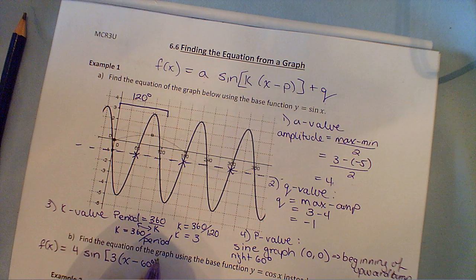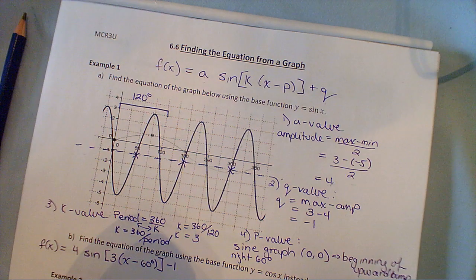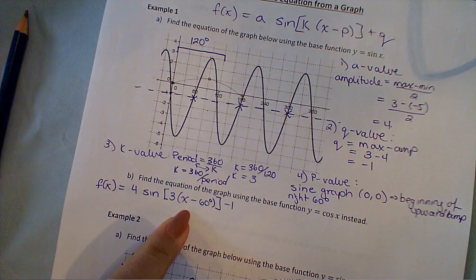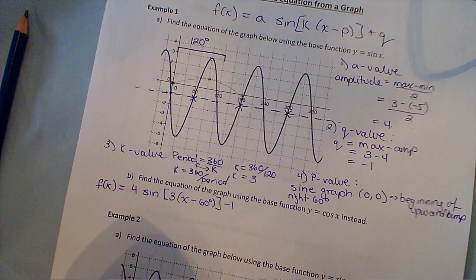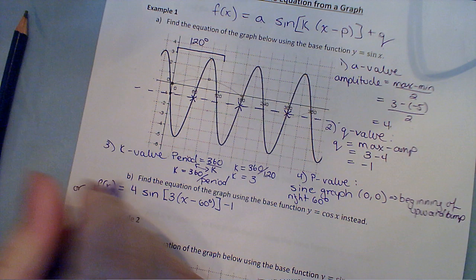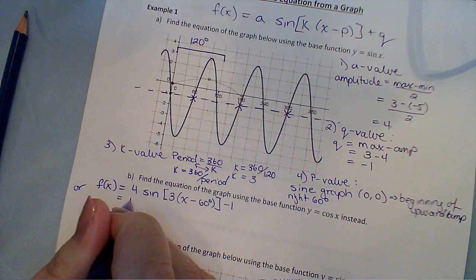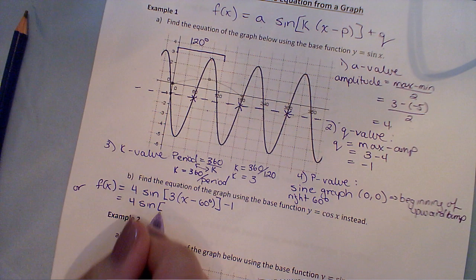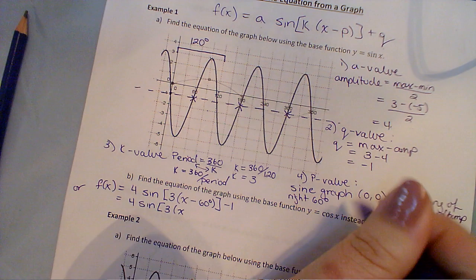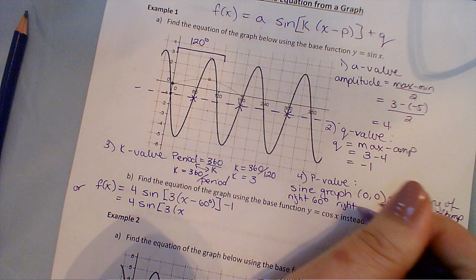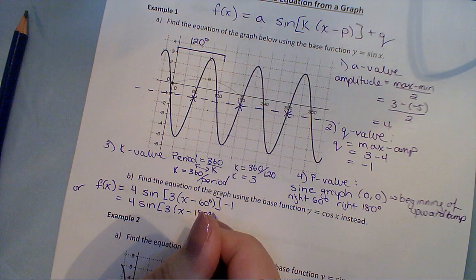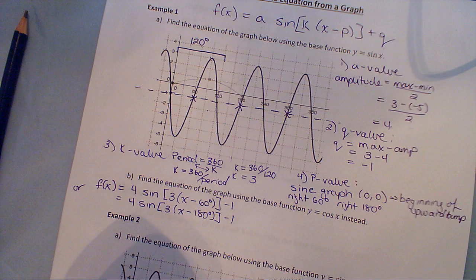Then close it up and then -1 at the back. So that would be one version of an equation that would fit this graph. But I'm going to say or, because again, we didn't have to choose the 60. We could have said still 4 sine 3 bracket x, and we could have said right 180. So -180 would also work. They give you the same picture in the end.